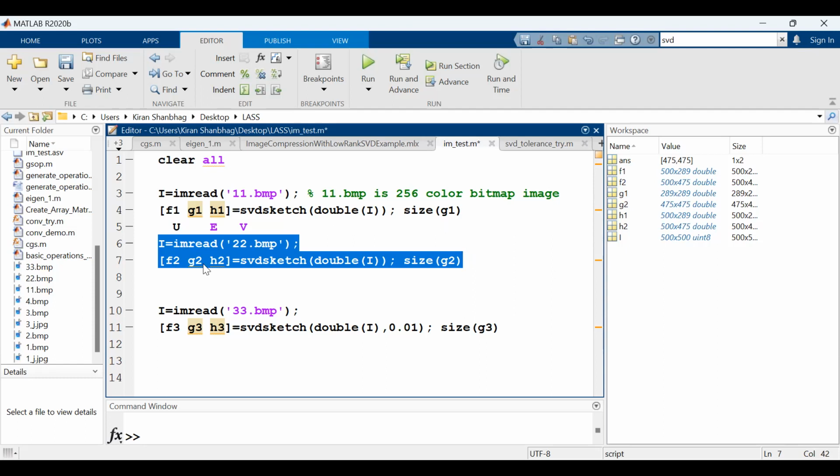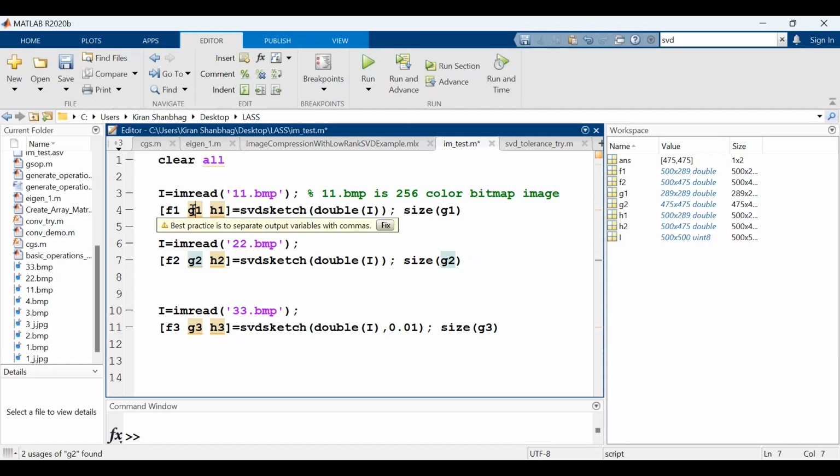That is why G1, the singular value matrix for the first image 11.bmp, was 289 cross 289, whereas in the second case G2 is 475 cross 475, because there was lots and lots of scribbling.